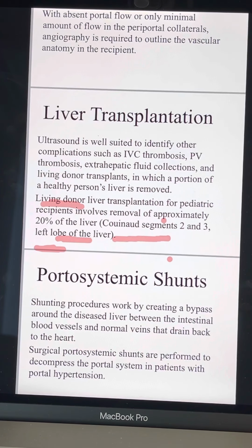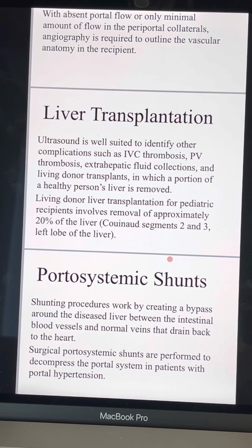Ultrasound is well suited to identify other complications such as IVC thrombosis, portal vein thrombosis, extrahepatic fluid collection, and living donor transplant, in which a portion of the healthy person's liver is removed. Living donor liver transplant for pediatric recipients involves removal of approximately 20%.